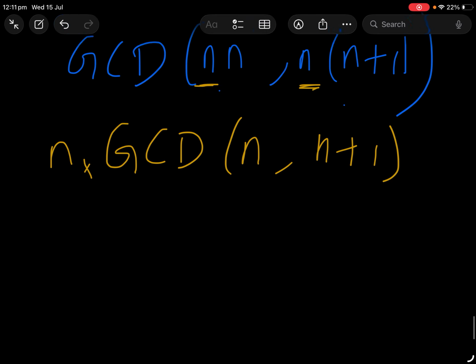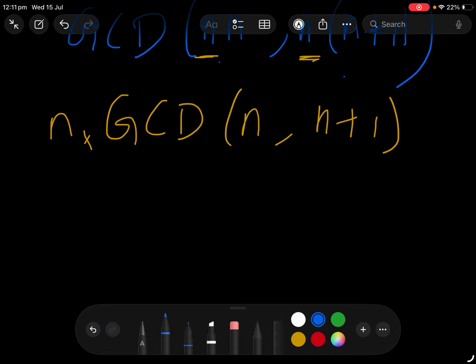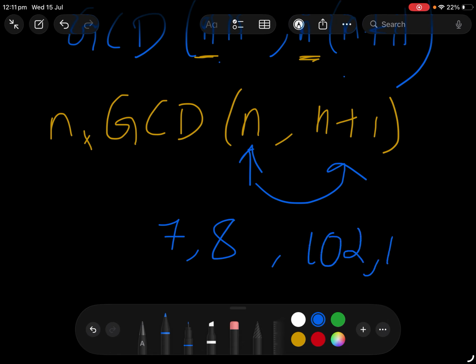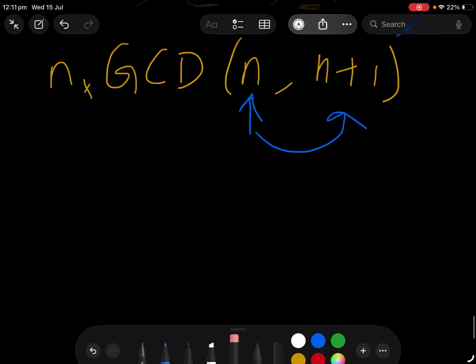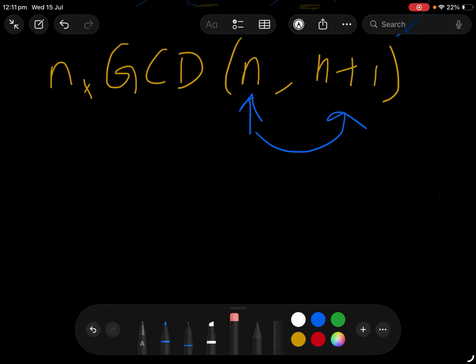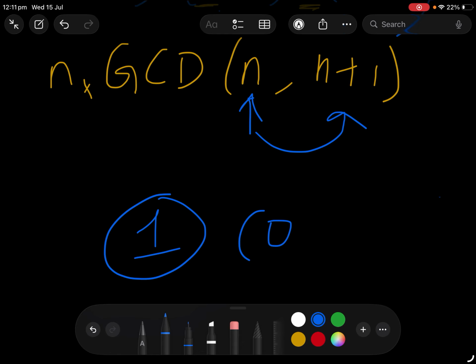Now we have to calculate the GCD of n and the next consecutive number. It's like GCD of 7 comma 8, GCD of 102 comma 103, like this. The GCD of two consecutive numbers is always 1, because two consecutive numbers are always co-prime.